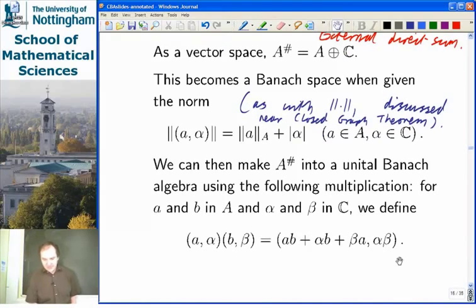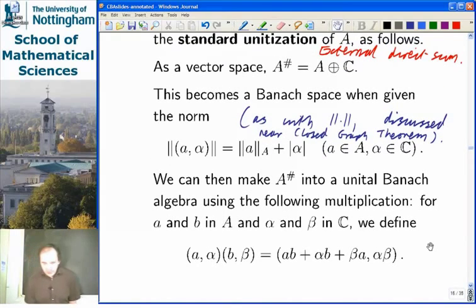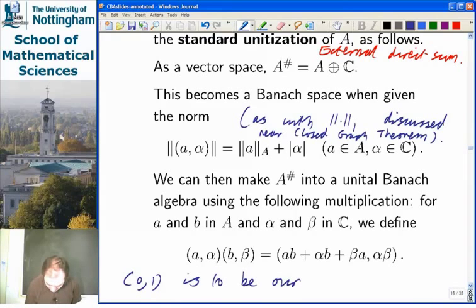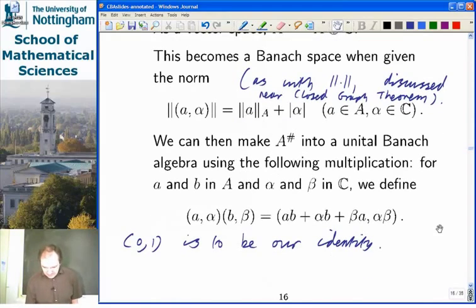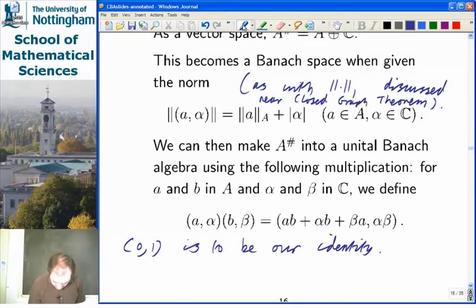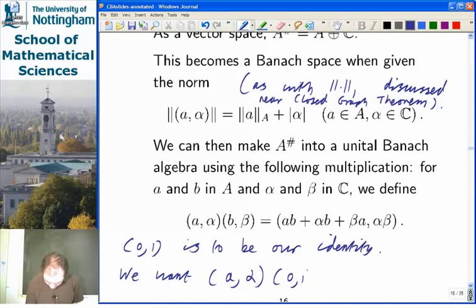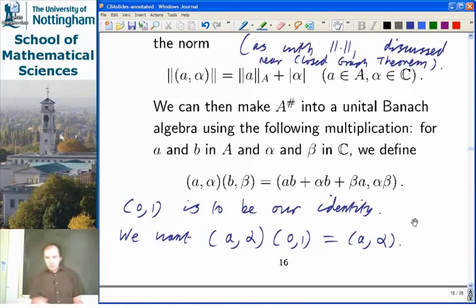When you define this multiplication, what multiplication do you want? Well, you want (0,1) to be our identity. So we want (a,alpha) times (0,1) to be equal to (a,alpha). Once you know that, you don't have much choice as to what you do. You're pretty much forced into this formula.